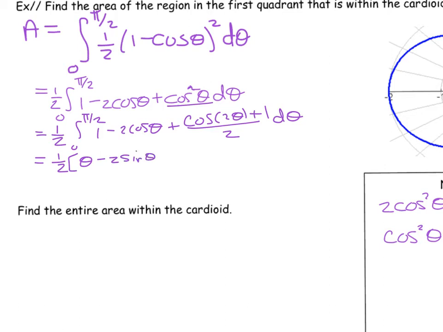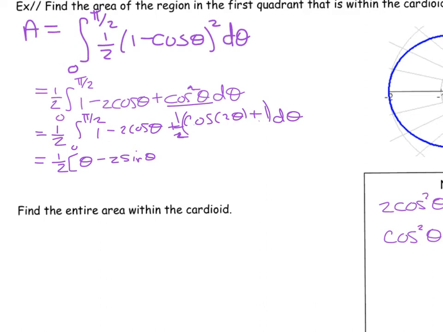I'm going to rewrite this as 1/2 of cosine 2 theta plus 1, because it'll just make the antiderivative easier.